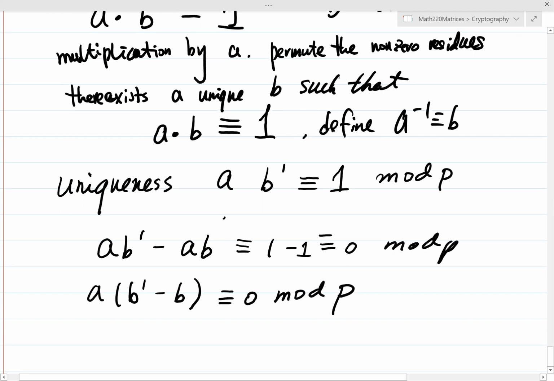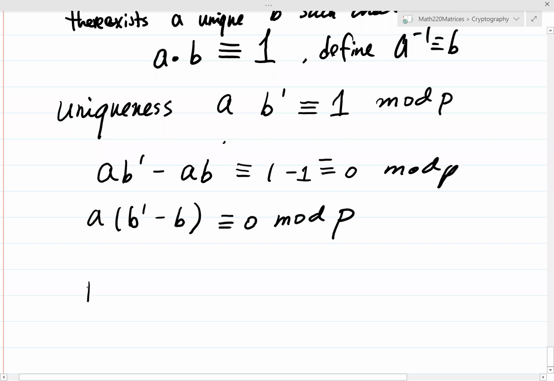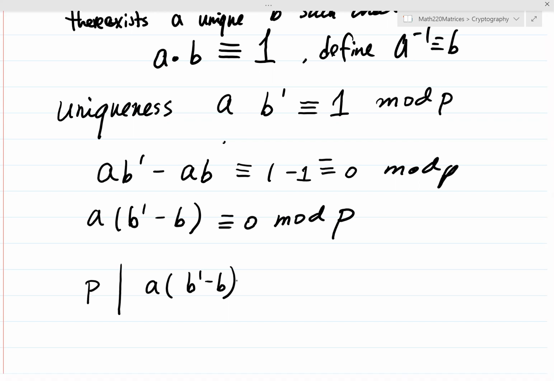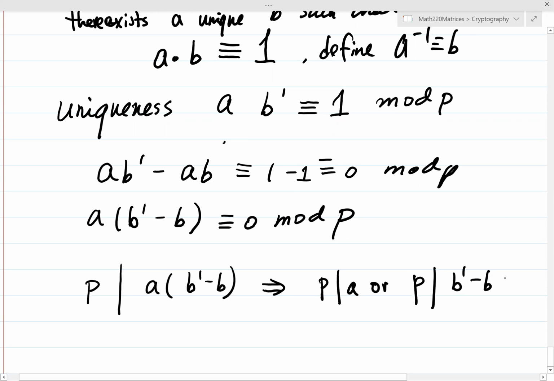Now this means p divides the thing. This thing, a times (b prime minus b), is a multiple of p. Now, if a prime divides a product, then that prime necessarily divides one of the factors. So p divides a or p divides b prime minus b.